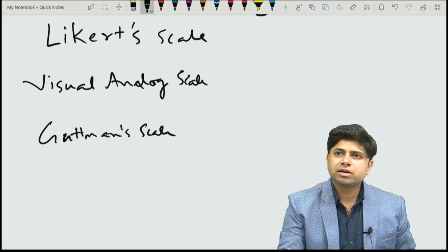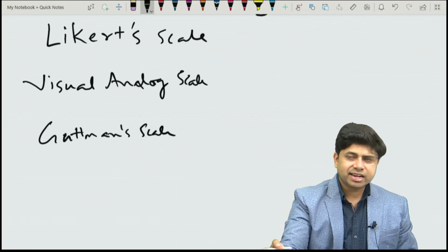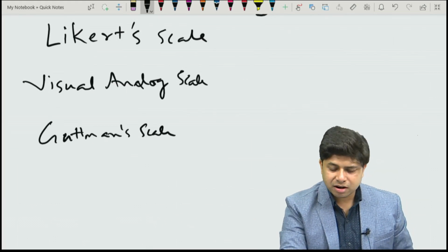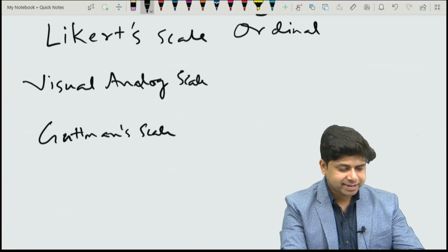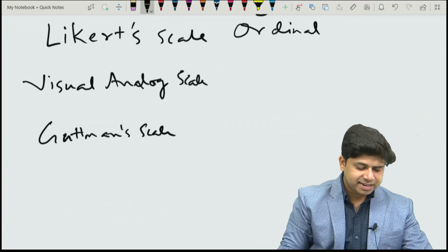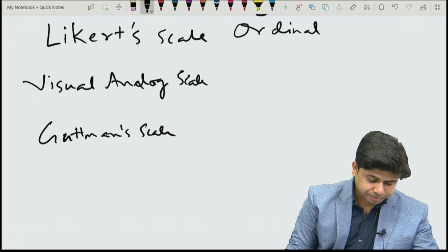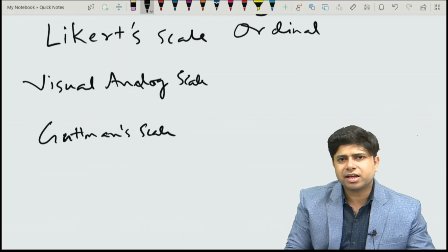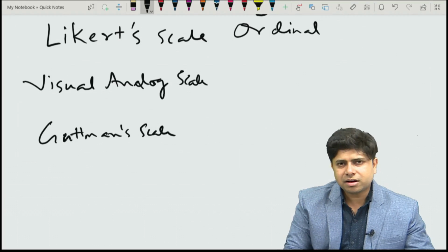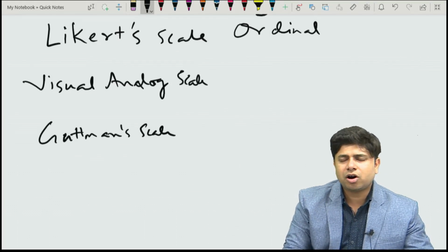Let's talk about Likert's scale. Likert's scale is basically one ordinal scale. These are scales used to depict the distribution of the data in the order, the quality, or the type of data we use.